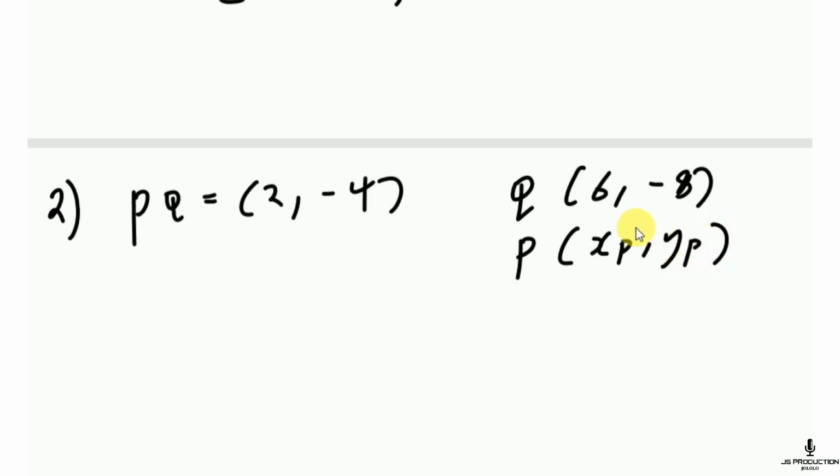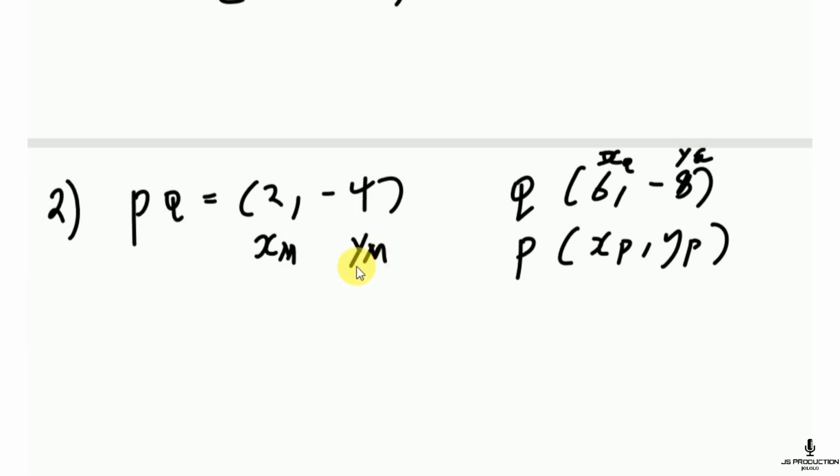Then I can represent the coordinates of Q as my XQ and my YQ. And we know that this point 2 represents xm and negative 4 represents ym.